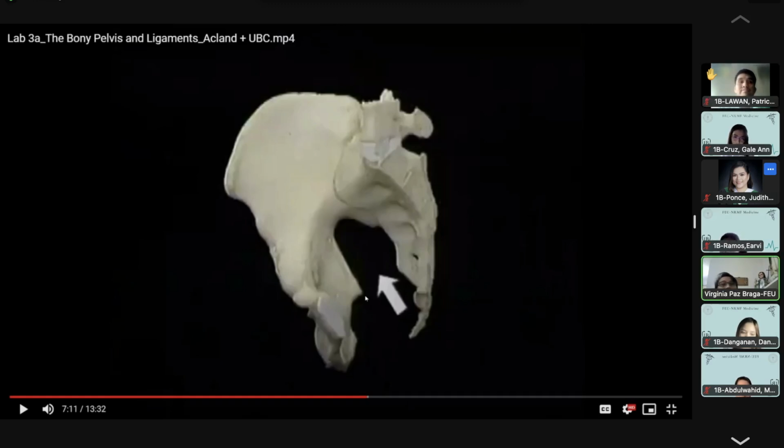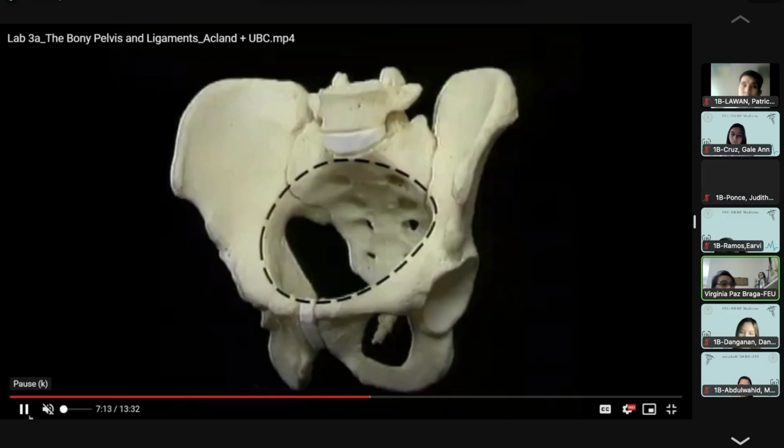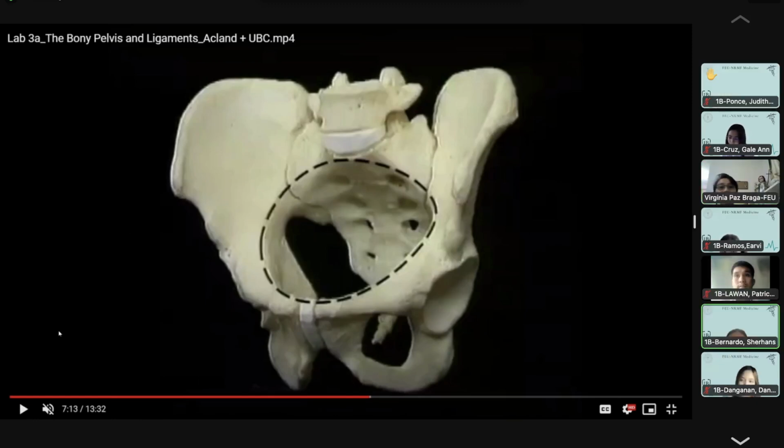Okay, very good. So let's see who's going to answer the next question. Okay. What is this structure? What is this dashed line? What do you call it? Very good. Okay. Thank you.